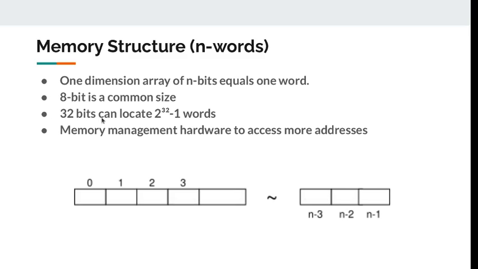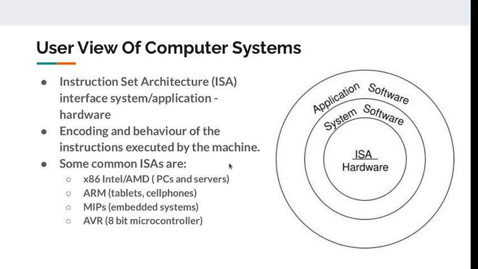But if you have a bigger memory, how are you gonna do it? So you need memory management hardware to access more addresses than the number of bits that you have here. And basically this is the idea. It's a string of bytes, and you have 0, 1, 2, 3, and n. For example, if it's 8 bits, it's 8 minus 1, so this is bit number 7. This is position number 7.